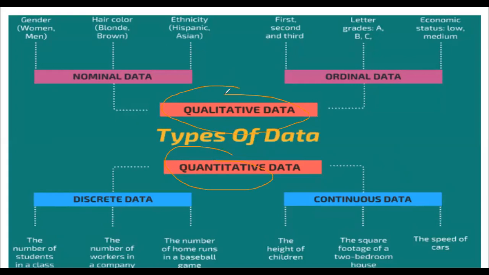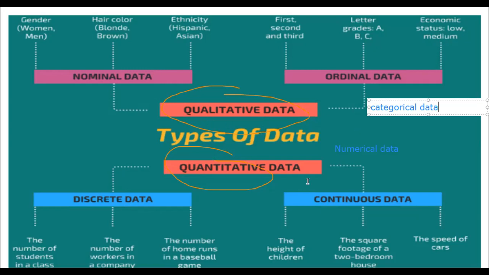Quantitative data means numerical data. So we will keep one thing in our mind: when we are talking about quantitative data, we are talking about numerical data. And when we are talking about qualitative data, we are talking about categorical data. So we will keep these two things in our mind, right guys?